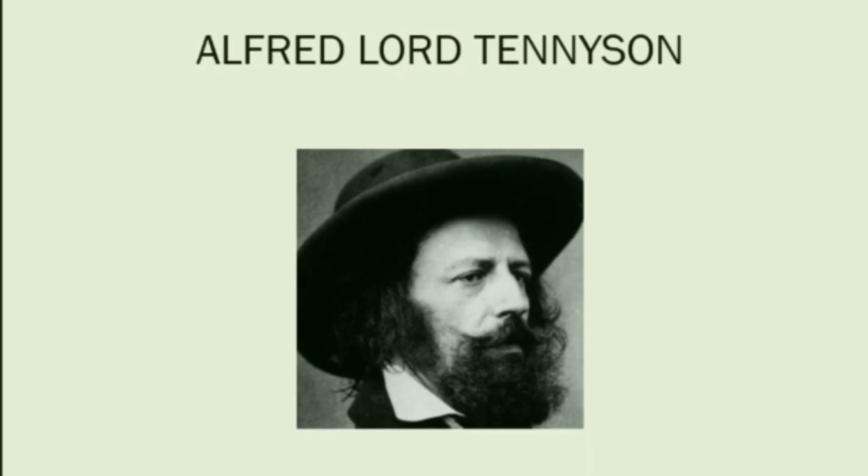He was the poet laureate during much of Queen Victoria's reign and remains one of the most popular British poets. In 1829, Tennyson was awarded the Chancellor's Gold Medal at Cambridge for one of his first pieces, Timbuktu.